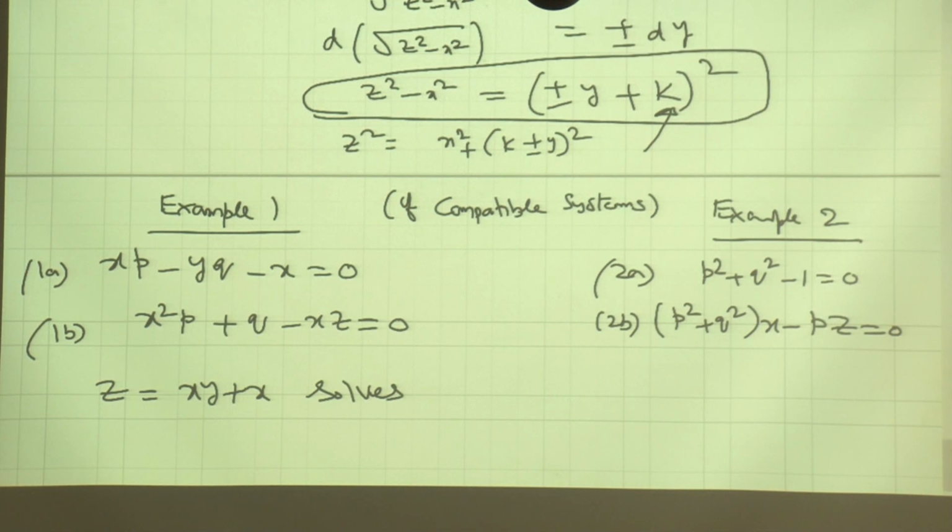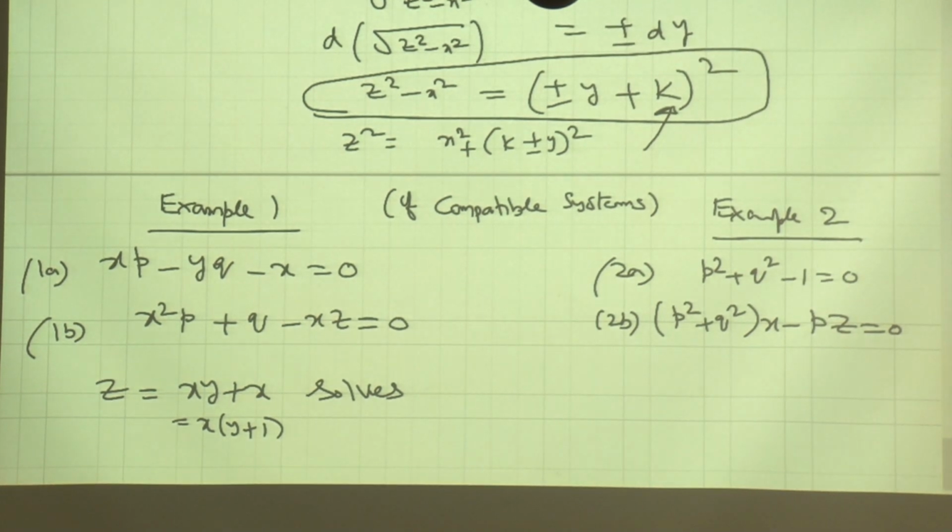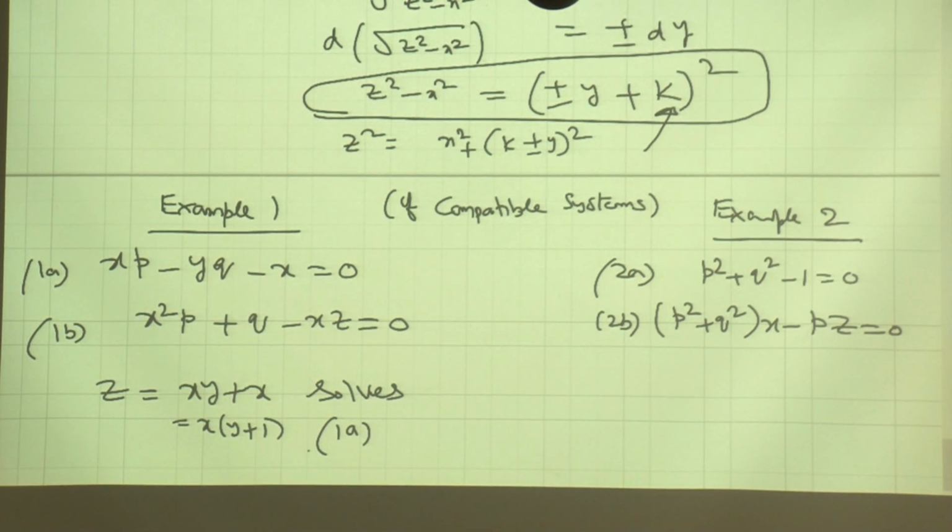You have to find the partial derivatives, right? xy plus x, which is actually x into y plus 1. What is the partial derivative with respect to x? y plus 1. Partial derivative with respect to y? x. So if you substitute in that, x into y plus 1 minus y into x minus x, that is 0. So it actually solves 1a. Okay? And does not solve 1b.